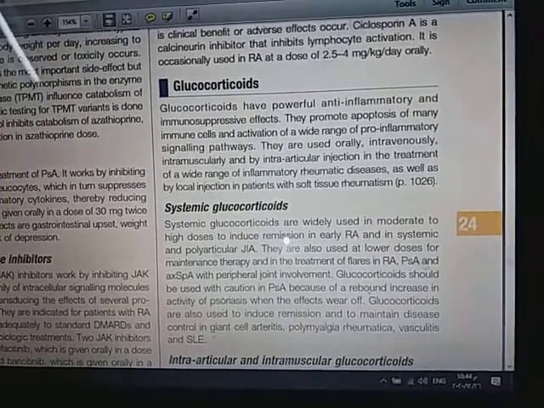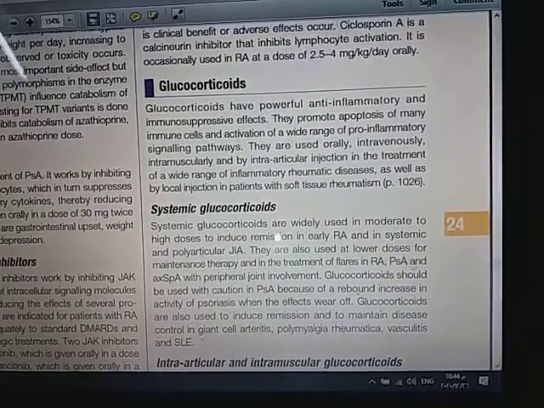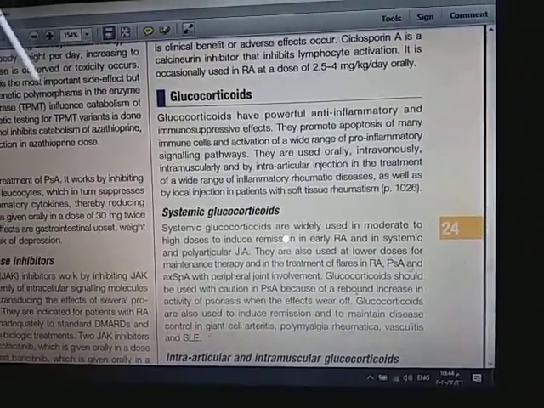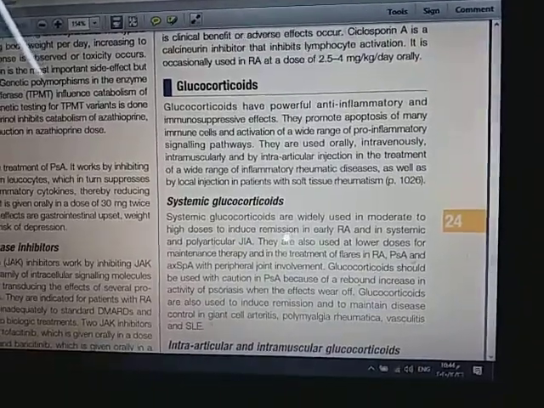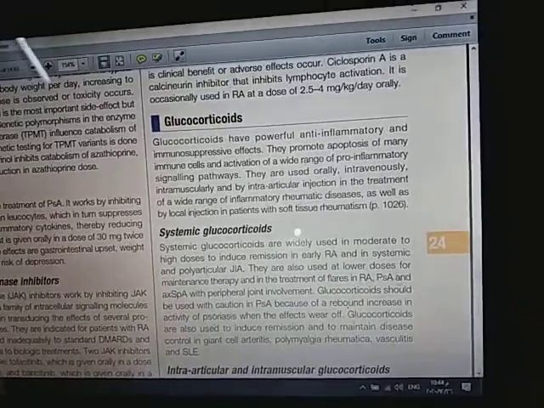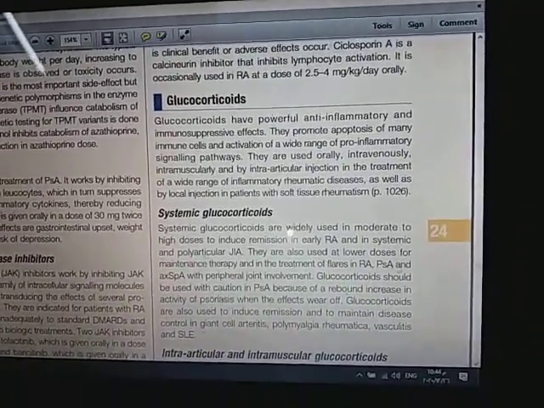Now, intrabursal injection, and we have under tendon sheath injections. These are local steroid injections. Corticosteroids also may be used systemically.